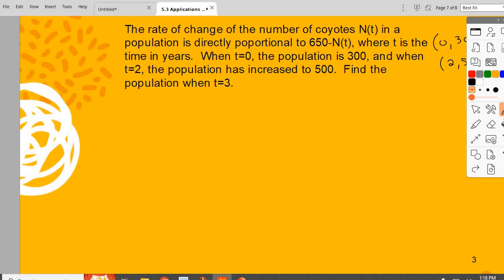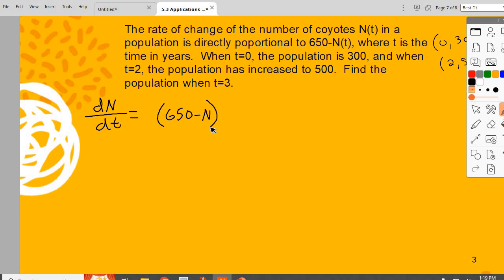In this case, we actually have to set up a differential equation and solve it in order to find our model first. Instead of writing N(t), we're just going to let it be N. So we have that our rate of change, dN/dt, is directly proportional to 650 minus N. But what do we also have to have there?